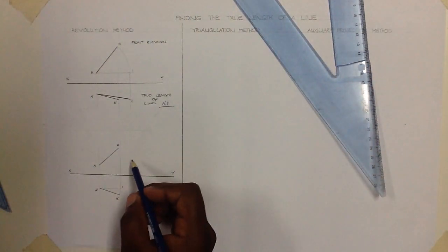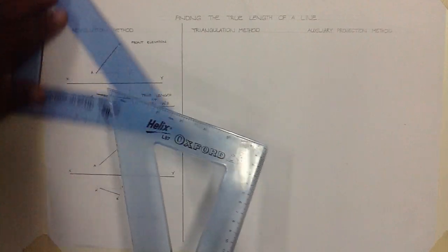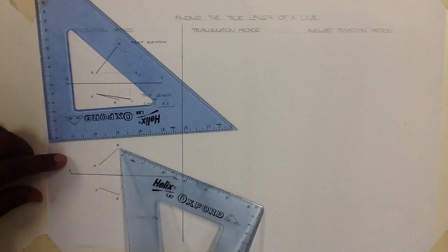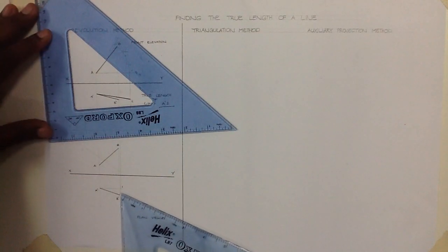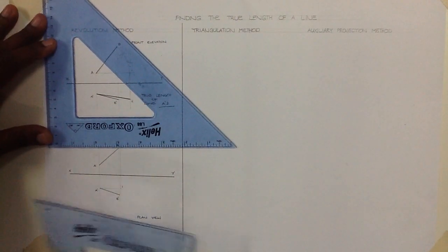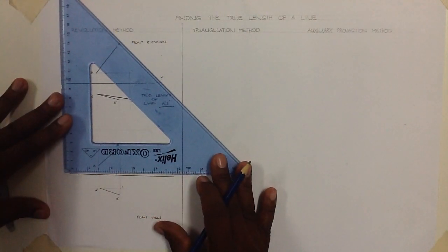Your next step would be to draw a horizontal line that would start at point B and intersect with your vertical line that went upward from point 1 from your plan view, similarly as done in the front elevation.